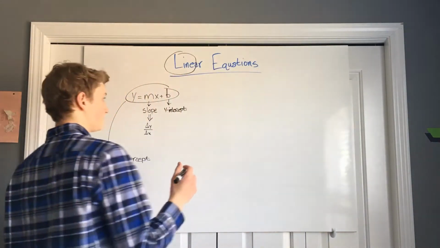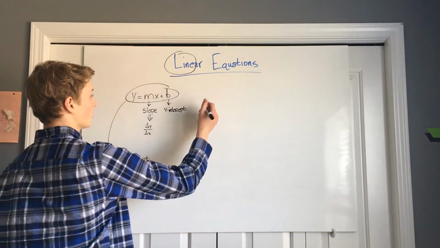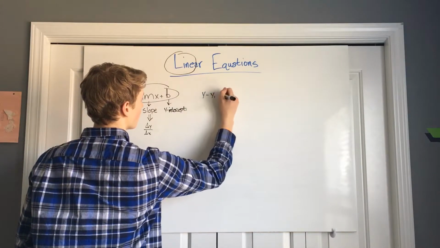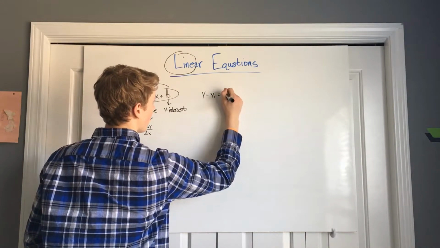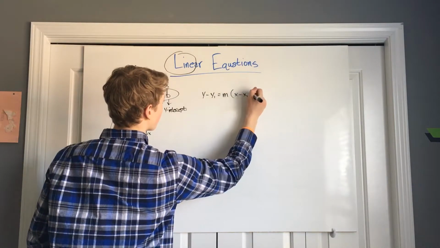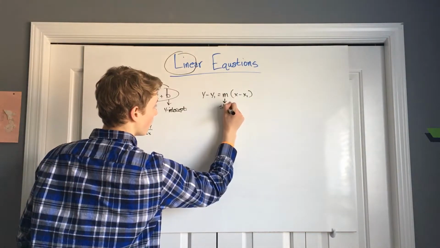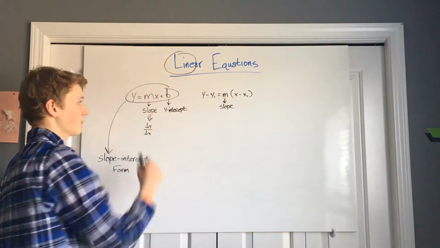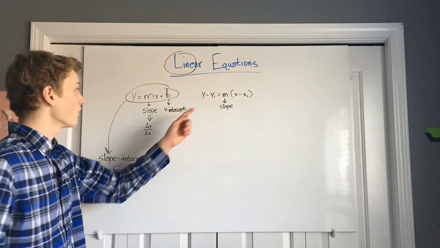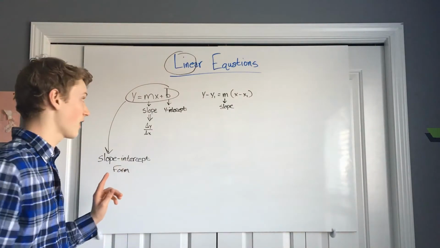So next up will be the point slope form, which goes y minus y1 equals m times x minus x1. So you recognize the m, and yeah, that just does mean slope. It's exactly the same as here. But you may be asking, what's the y1 and the x1? Those are just two values in a single point on the graph.